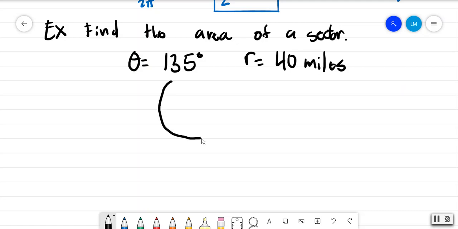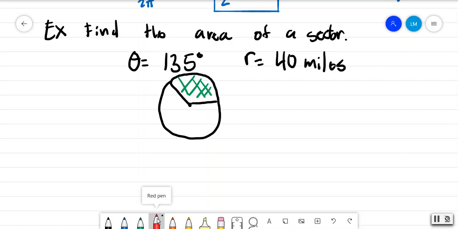If you draw a circle with its center point, and the central angle is 135 degrees, the angle looks something like this. This is not really the best sketch. The radius, which was given as 40 miles, is as so.